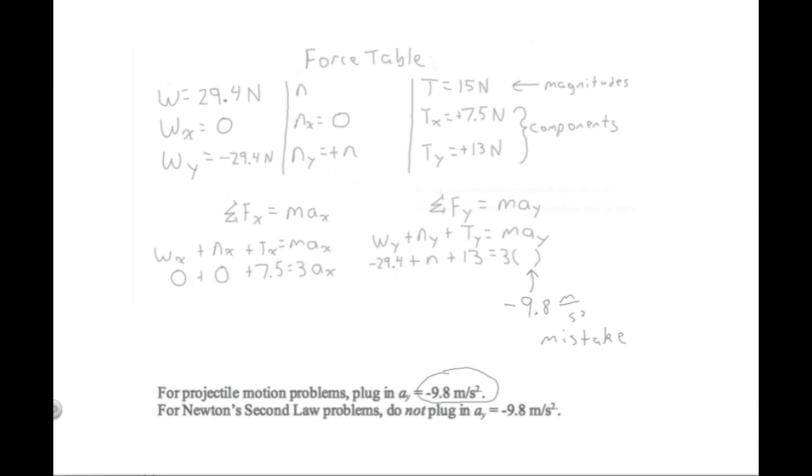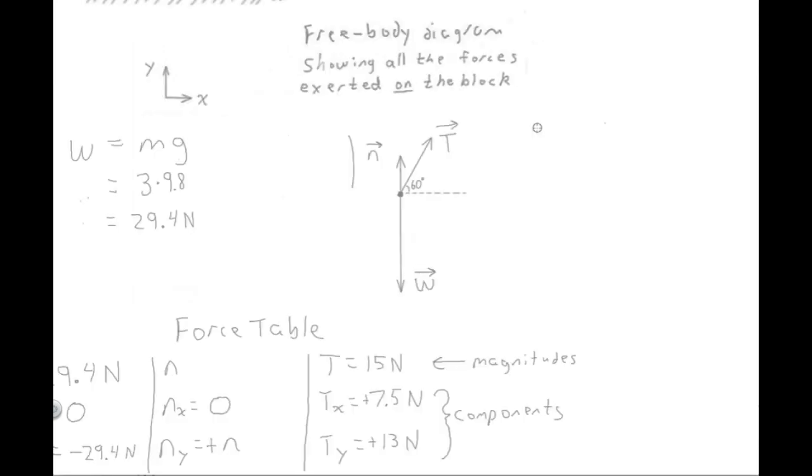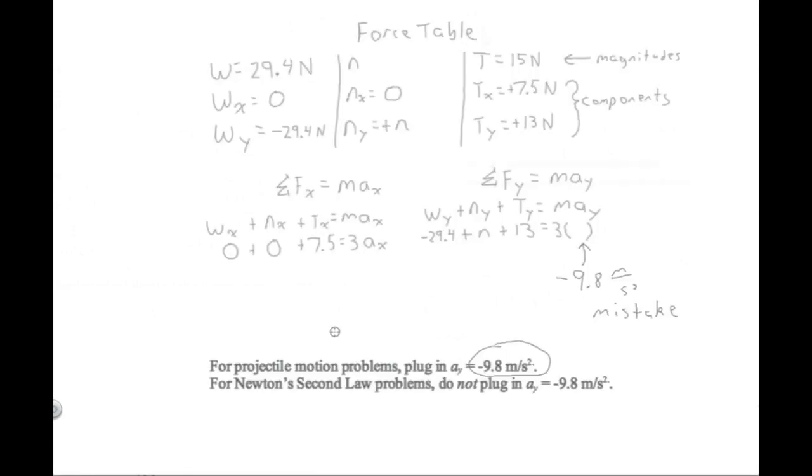But for Newton's second law problems, there's generally a bunch of forces, not just the force of the object's weight. And therefore, for Newton's second law problems, there's no reason to assume that a sub y will equal negative 9.8 meters per second squared. So we won't make this substitution.